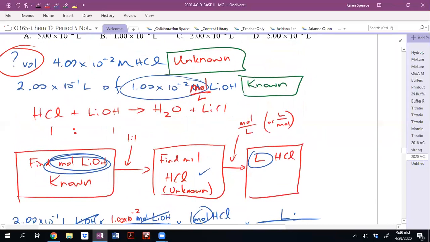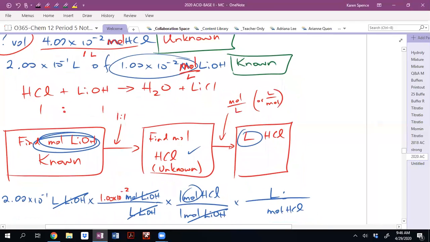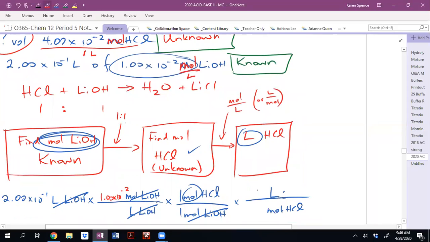So we know that we have 4.00 times 10 to the negative 2, and we could rewrite this as moles per liter. And so what that means is we're going to have 1 liter per 4.00 times 10 to the negative 2 moles.